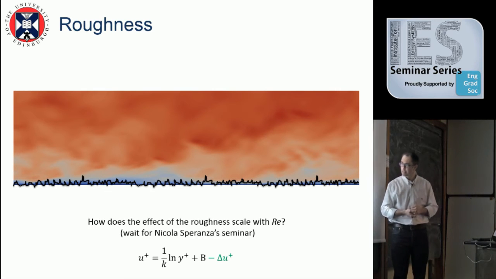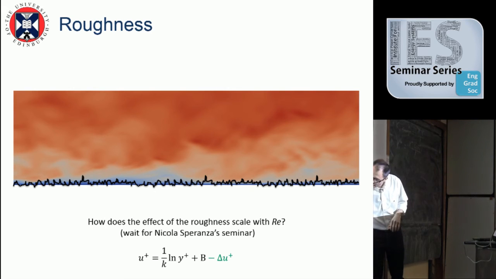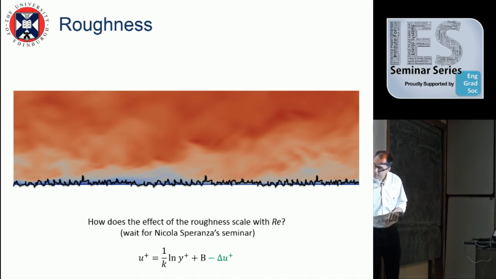One of the aspects that he's particularly interested in is the velocity profile. I don't know how many of you will remember the logarithmic law, but you can find that the velocity in non-dimensional form increases with the logarithm of the distance from the wall in non-dimensional form. Then you add a constant value, which is not very important, but if you have roughness, you need to subtract another constant value.